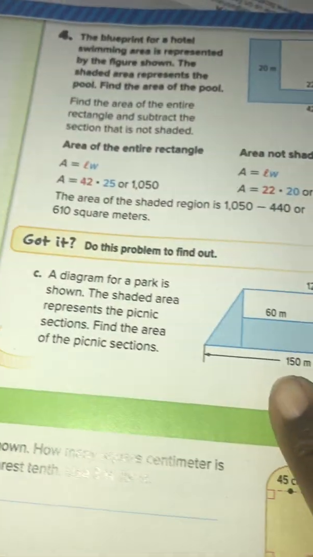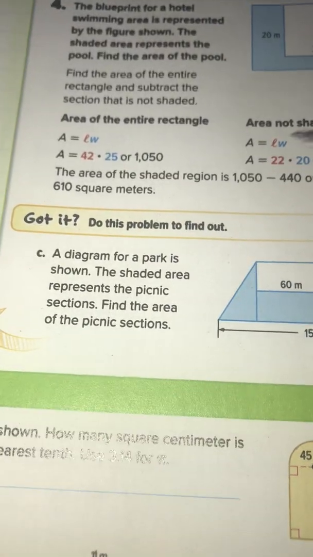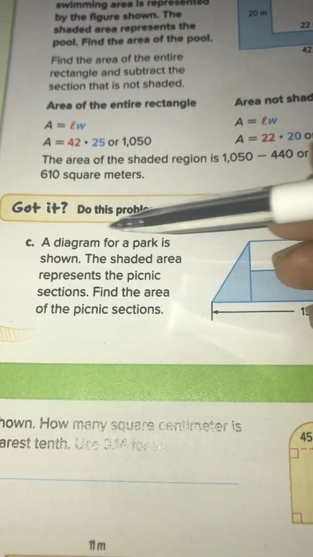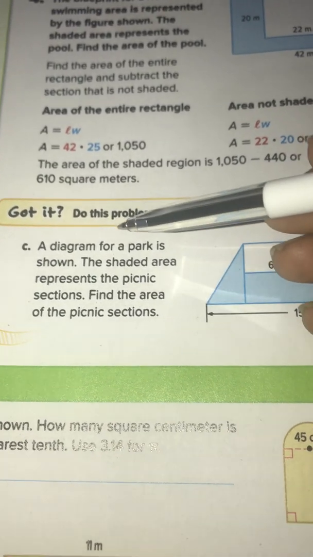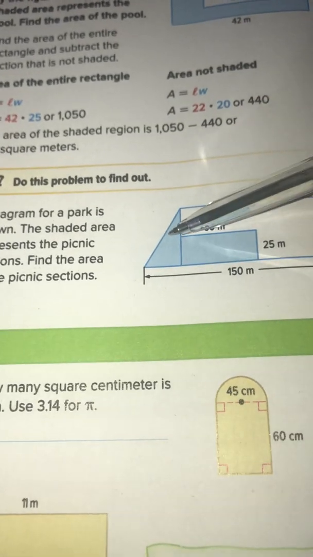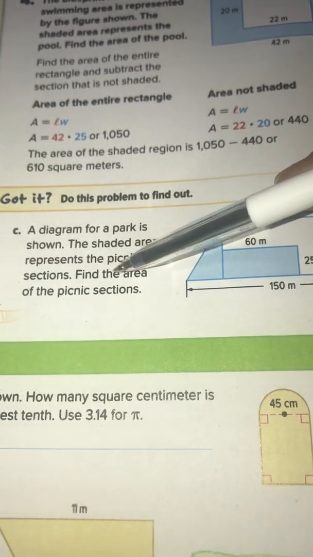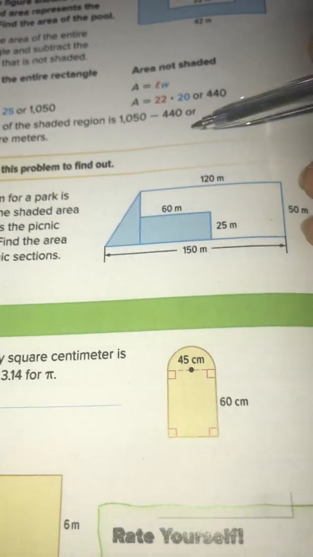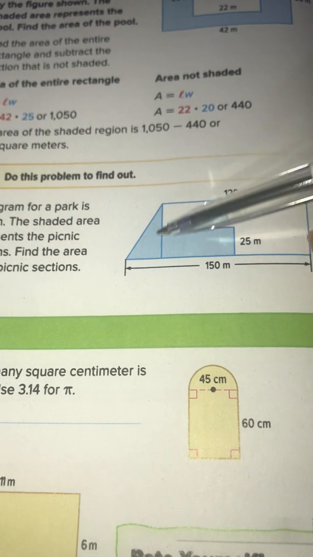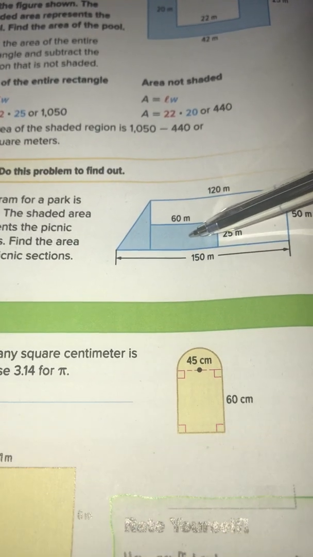So let's look at this one here. In this shape, what does the question say? The diagram for a park is shown. The shaded area represents the picnic. The shaded area, this blue part, is the picnic sections. Find the area of the picnic sections. So they want you to find the area of the triangle plus the area of this rectangle.